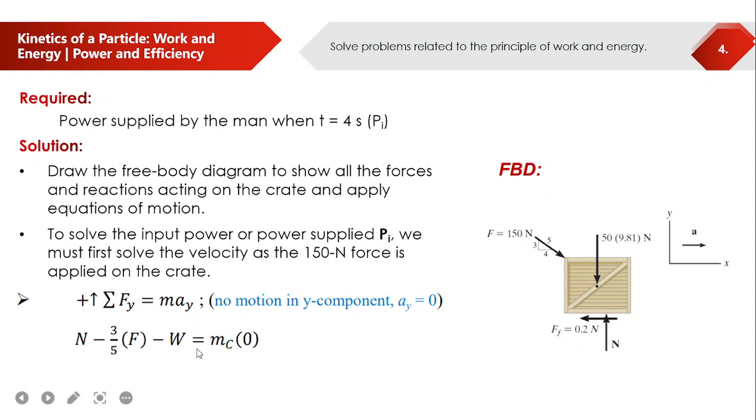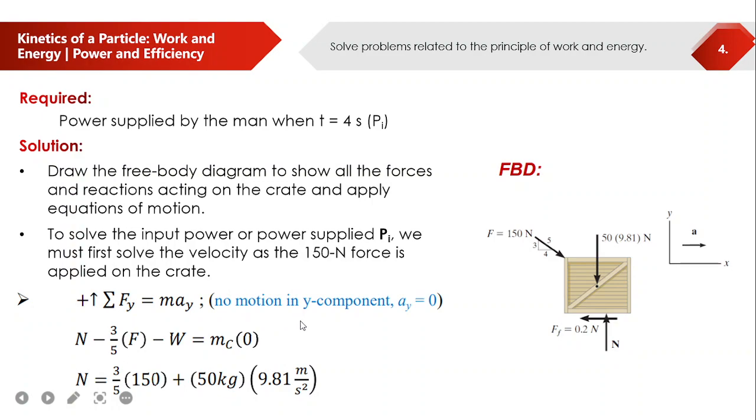Which equals to m sub c, or the mass of the crate, times 0, which is equals to 0. So the normal force na exert sa crate natin is equals to 3/5 of 150 plus 50 kilograms times 9.81 meters per second squared. This is your weight, no?